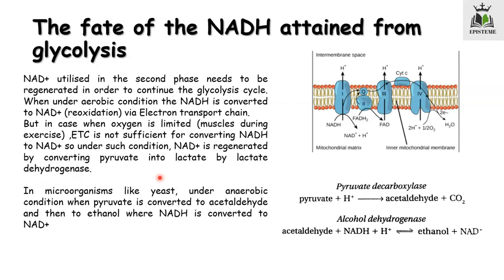In anaerobic conditions like in yeast, pyruvate is converted to acetaldehyde by pyruvate decarboxylase, and then acetaldehyde is converted to ethanol, and during this process NADH is converted to NAD plus. This way NAD plus is recovered in various conditions, like anaerobic, limited oxygen and aerobic conditions.